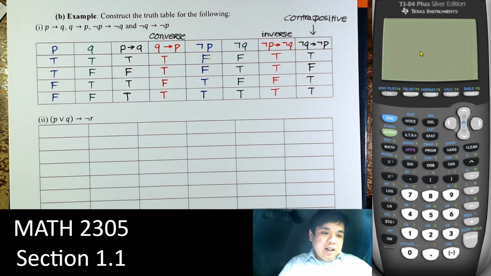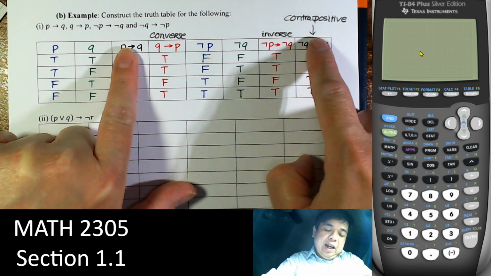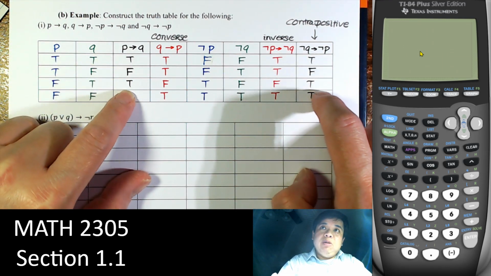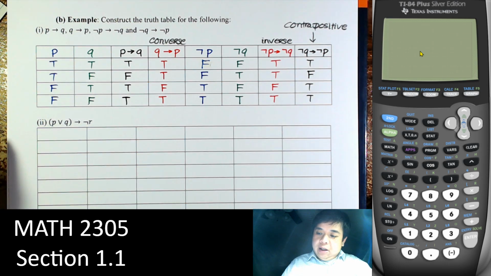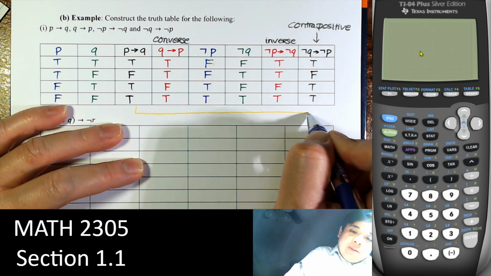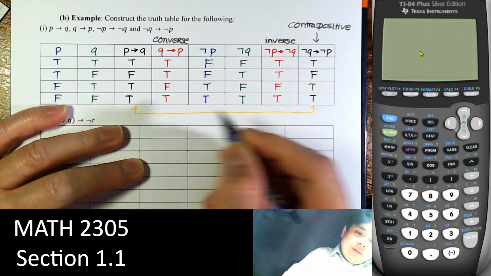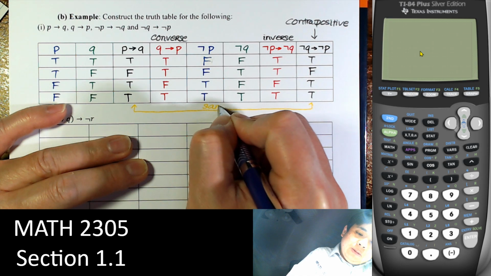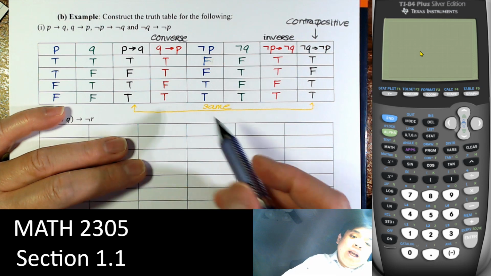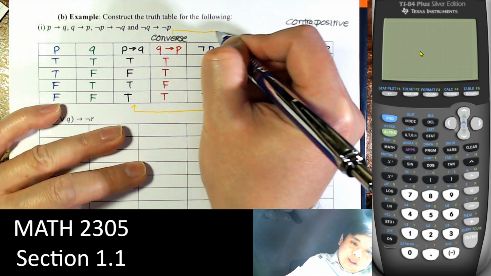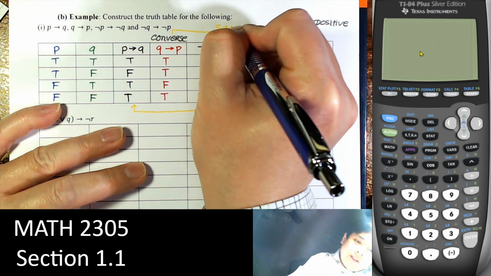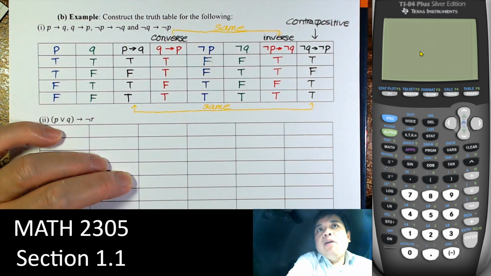And as you see, the original statement and the contrapositive have the same true and false values. So this and this are the same. And the converse and the inverse have the same values.